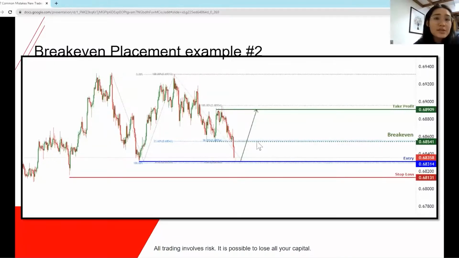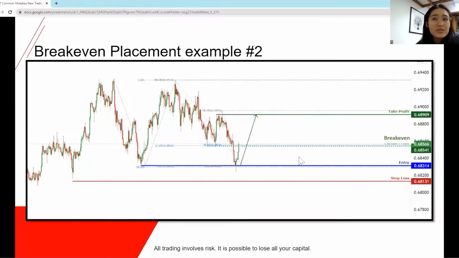But you can see, similar to our partial profit example, price shows us that the 23.6% retracement and 38.2% retracement line up nicely with this break-even level. Because of that Fibonacci confluence, we can expect price to reverse off of it, which is why we add a break-even here just in case price reverses off and doesn't hit towards our take profit.